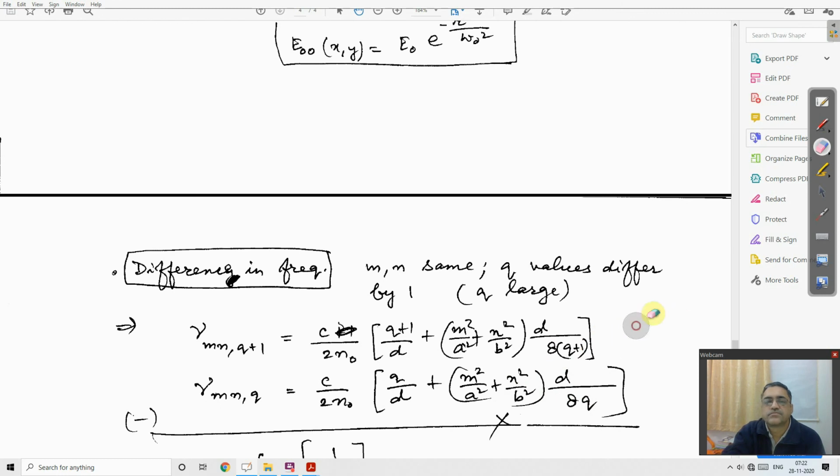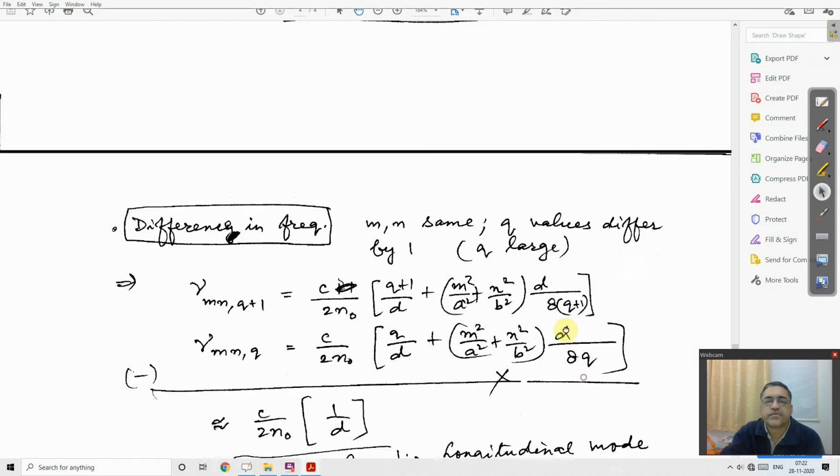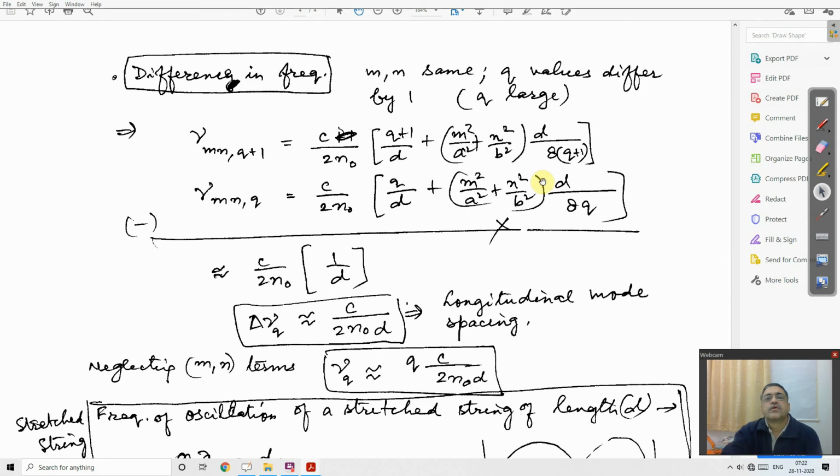Now further we see the difference in frequency. If m and n are the same and q values differ by 1, we see the frequency for that particular mode number. For example, you see here nu_mn q plus 1, just by substituting it in the earlier equation we obtain this equation.